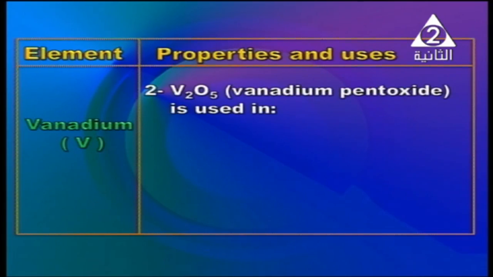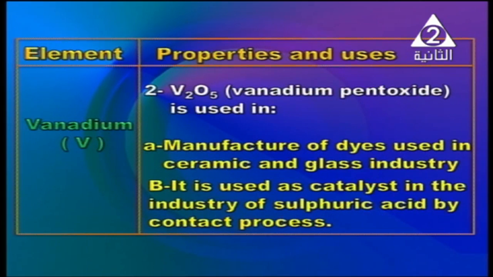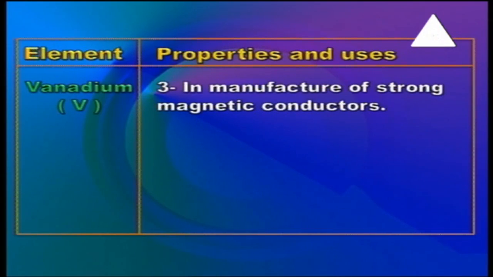Another use and property for vanadium: its oxide, vanadium pentoxide, is used in 3 different uses: manufacture of dyes used in ceramic and the glass industry, as a catalyst in the industry of sulfuric acid by the contact process, and the third one in the manufacture of strong magnetic conductors.